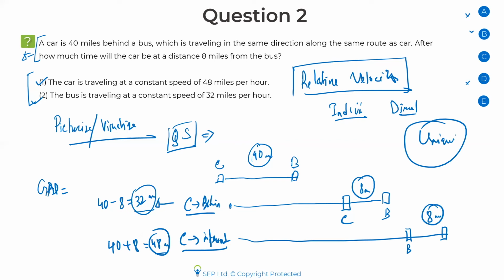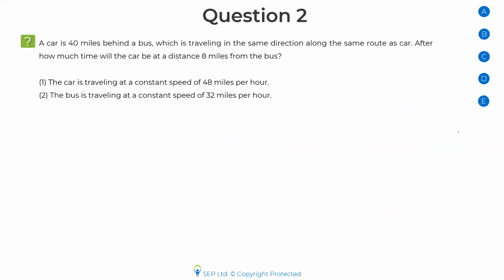So once I analyze this question stem, I need to not only know the relative velocity. I definitely need to know the relative velocity, that is a must. And I should also know, in terms of position, whether C is ahead of B or C is behind B. So I need to know both of them.